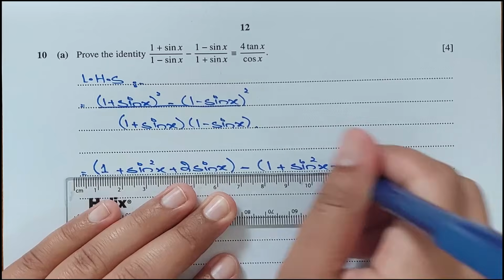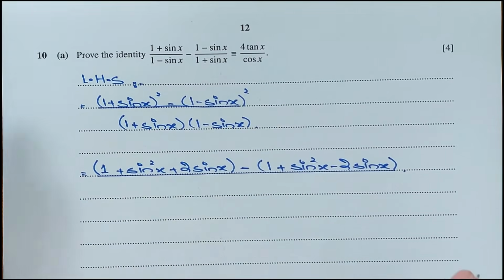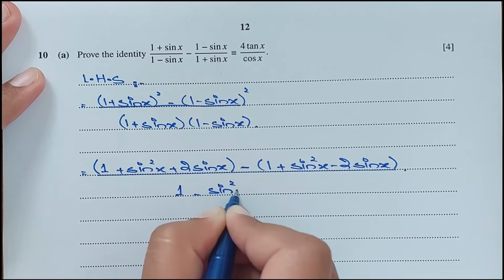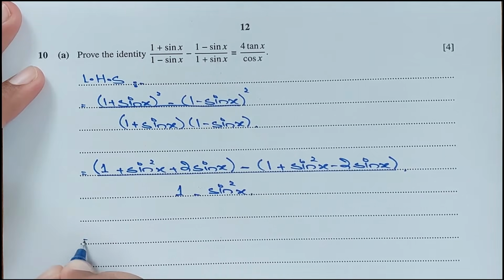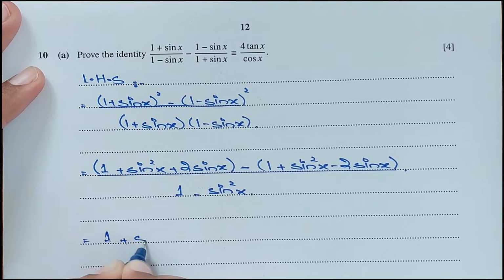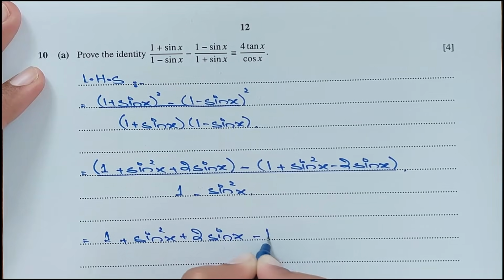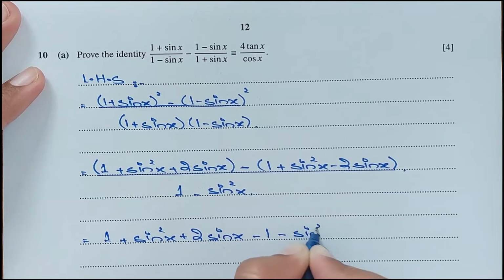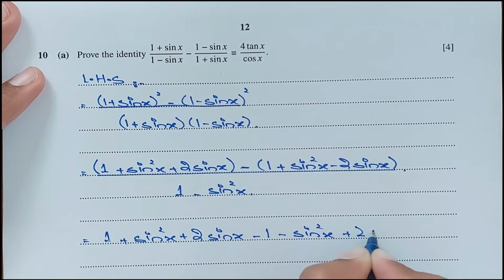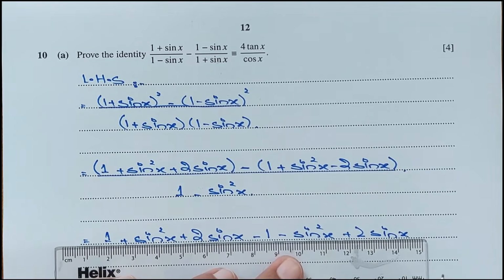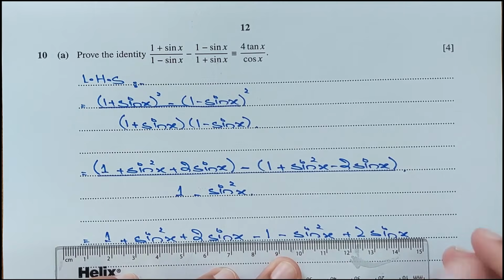So we have a square minus b square, 1 square minus sine square, 1 minus sine square x, right? So open the bracket: 1 plus sine square x plus 2 sine x minus 1 minus sine square x plus 2 sine x, right? This whole thing divided by 1 minus sine square x.